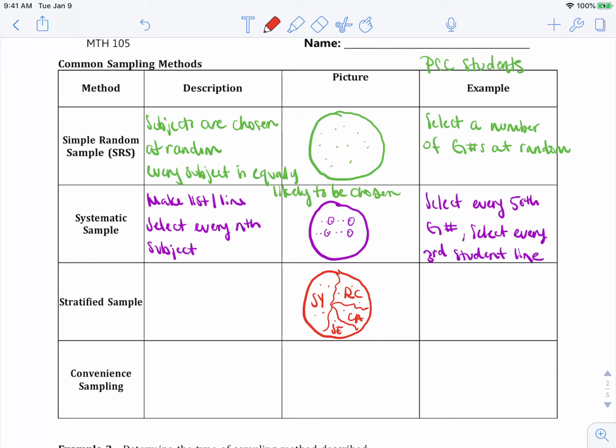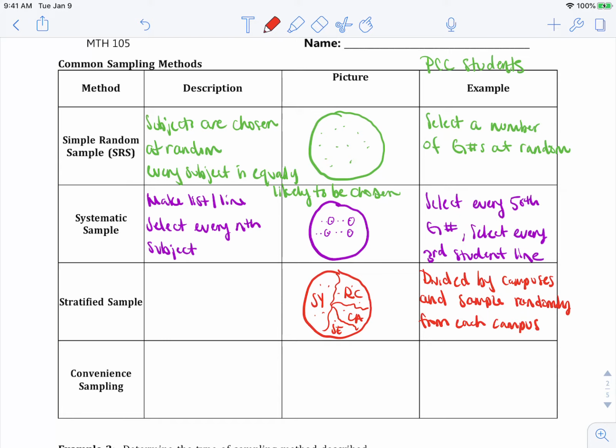So our example is we're going to be divided by campuses and sample randomly from each campus. And this is proportional to its population.